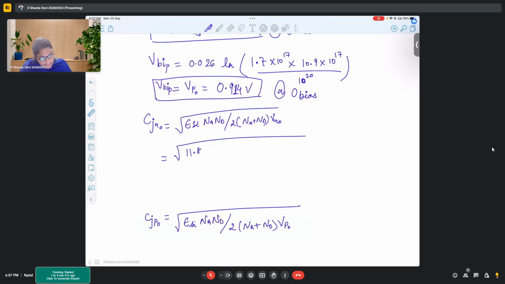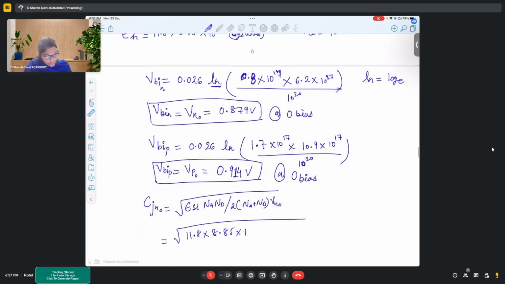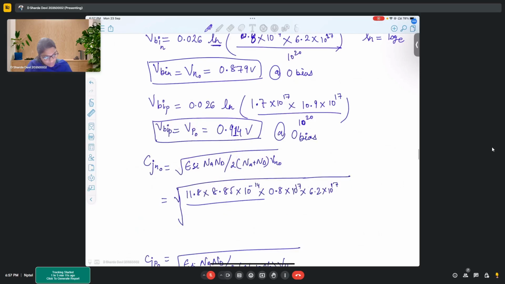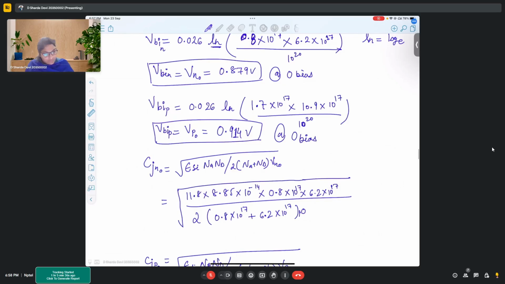So this is 11.8 into 8.85 into 10 to the power minus 14 into 0.8 into 10 to the power 17, 6.2 into 10 to the power 17, by twice of 0.8 into 10 to the power 17 plus 6.2 into 10 to the power 17, into 0.879 volts.